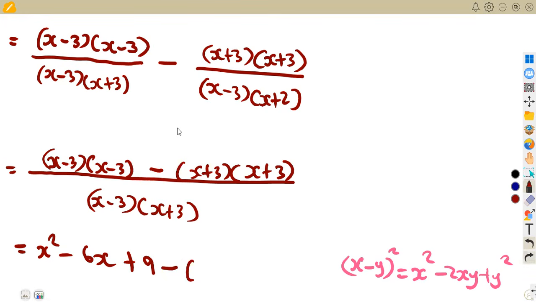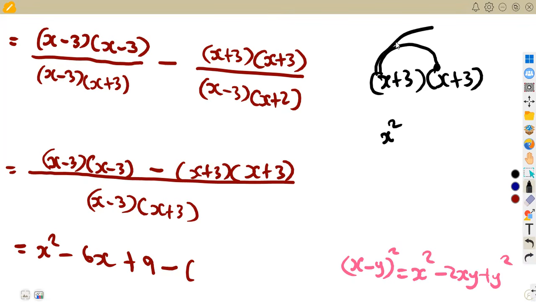The negative has to subtract everything, so everything must be affected by that negative. But the expansion of x plus 3 into x plus 3 is still the same; we can work with the FOIL method or the distributive method. If you multiply x and x, that will be x squared. Then x goes to the last part, which is x and 3, which is 3x.